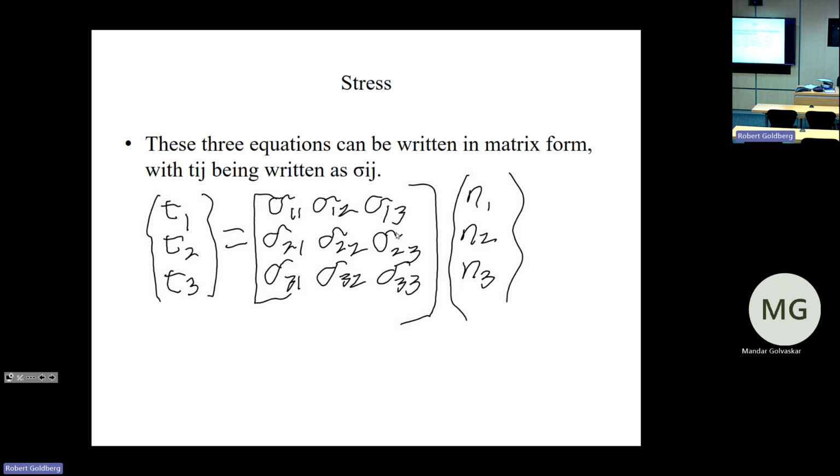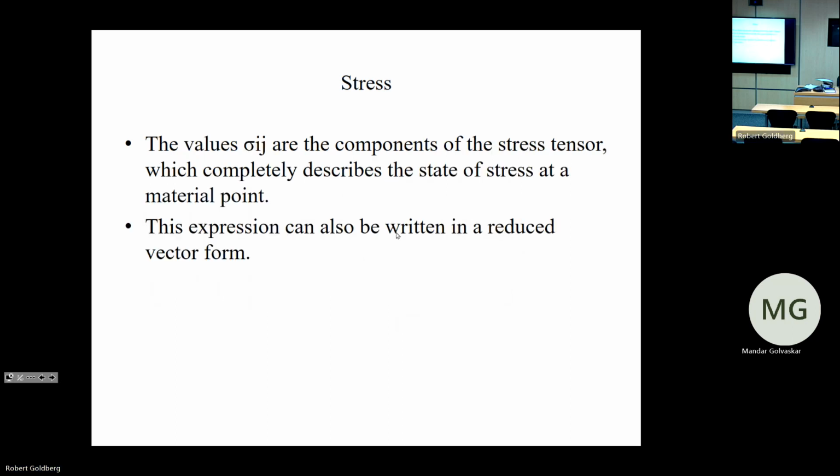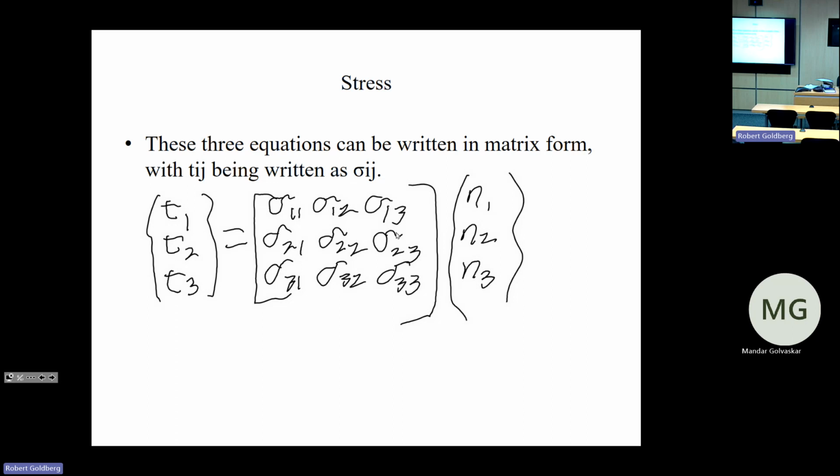Now we're not going to do a whole lot with this here. The values of sigma ij in this matrix are the components of the stress tensor, which completely describes the state of stress at a material point.